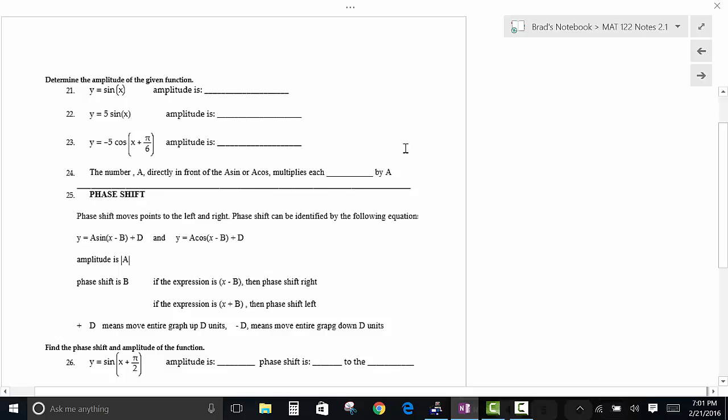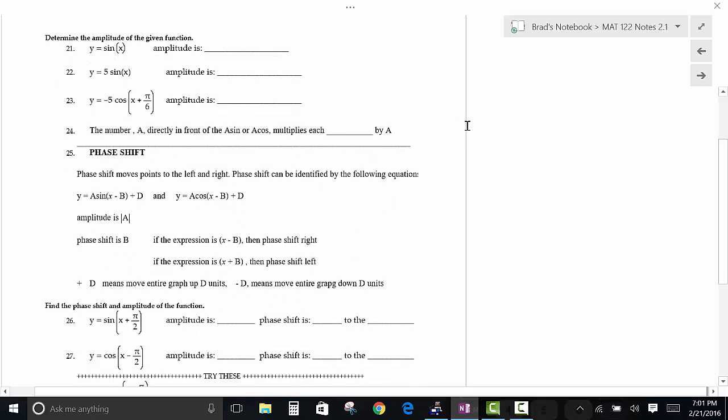Now, I'm going to finish up here by reviewing a few things about amplitude. If you're given an equation and you want to know what the amplitude is, the amplitude is always the number in front of the trig function, the sine or cosine. So technically that's the absolute value of 1, so that's 1. The next problem, the amplitude would be the absolute value of 5, so that's 5.